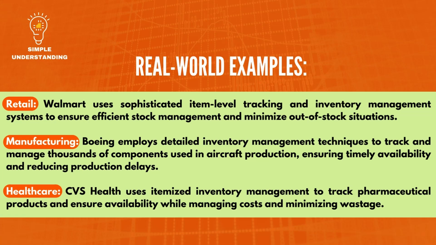Manufacturing. Boeing employs detailed inventory management techniques to track and manage thousands of components used in aircraft production, ensuring timely availability and reducing production delays. Healthcare. CVS Health uses itemized inventory management to track pharmaceutical products and ensure availability while managing costs and minimizing wastage.